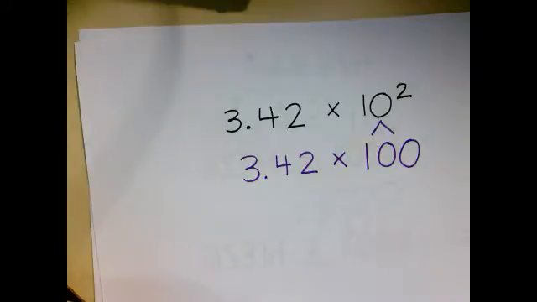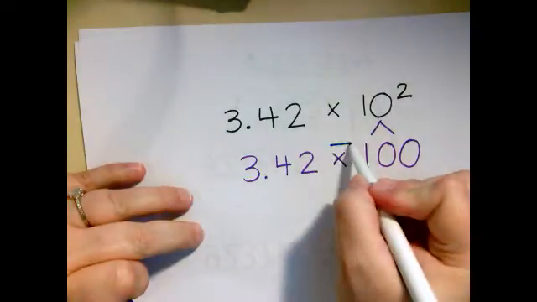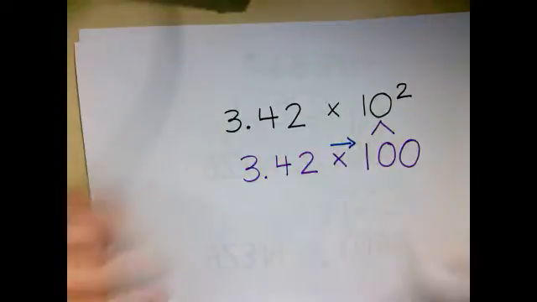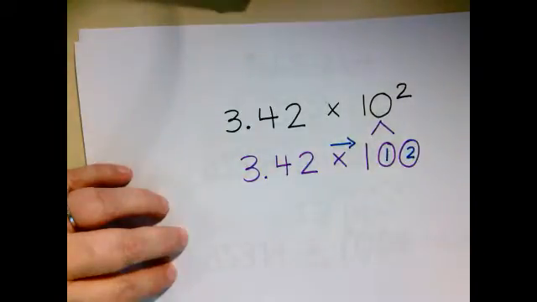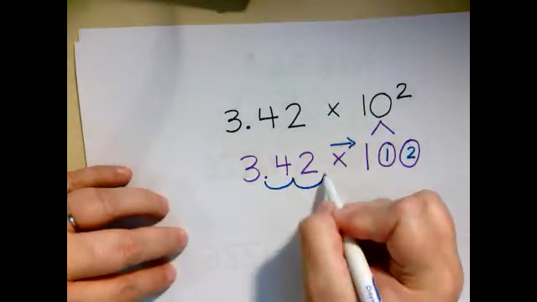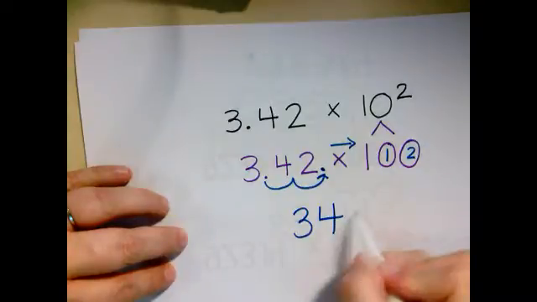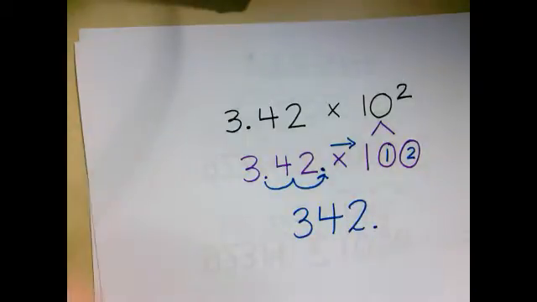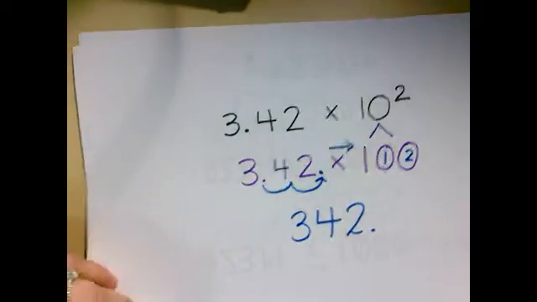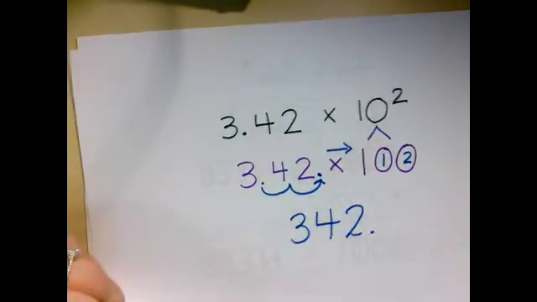So now I can look at this and I can say, okay, I'm multiplying, so I'm making the number bigger. I need to move the decimal to the right 2 times. So 1, 2, and it lands there. So my product would be 342. All right, that's just kind of a side note if you come across something like that.